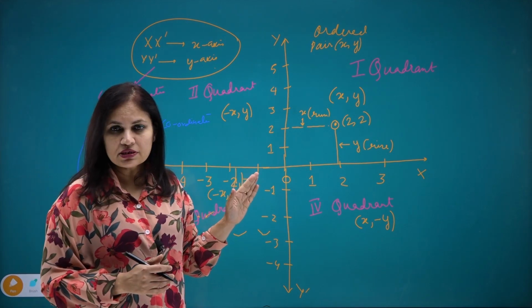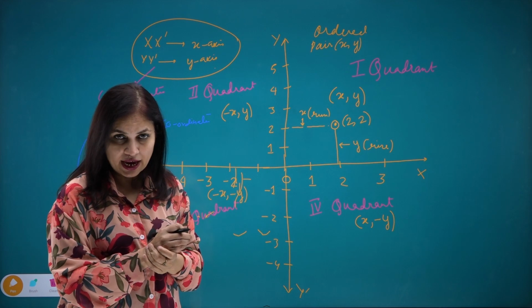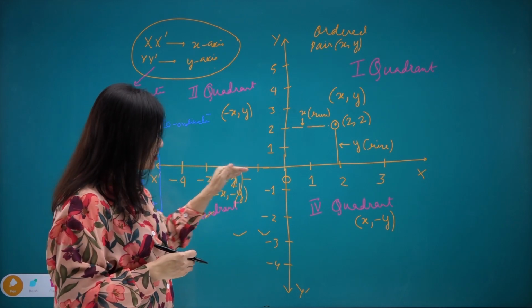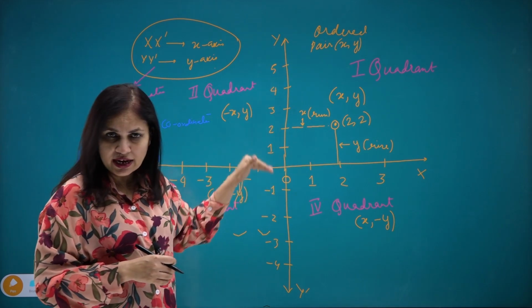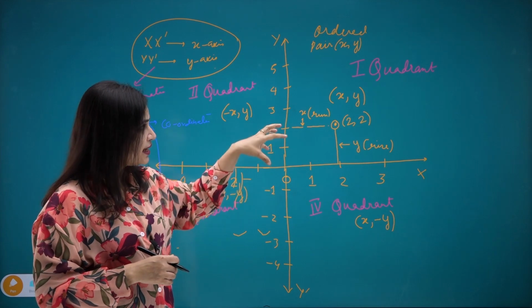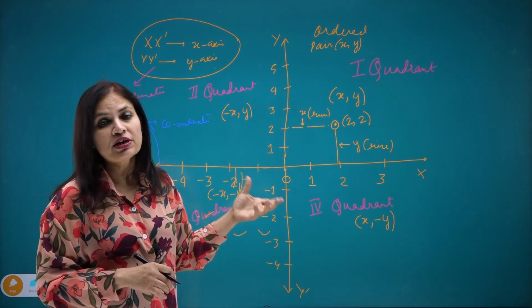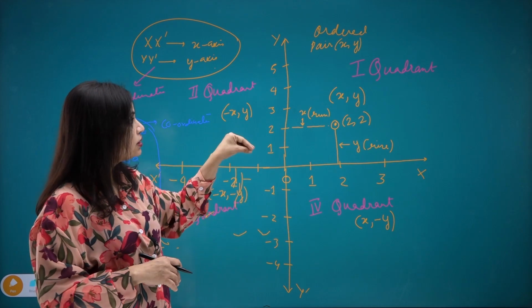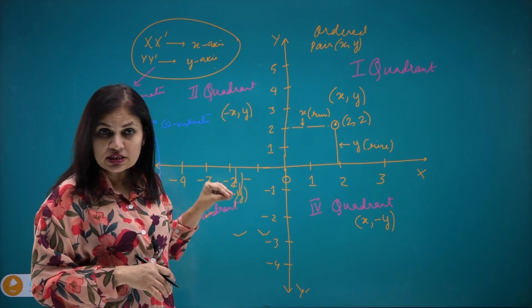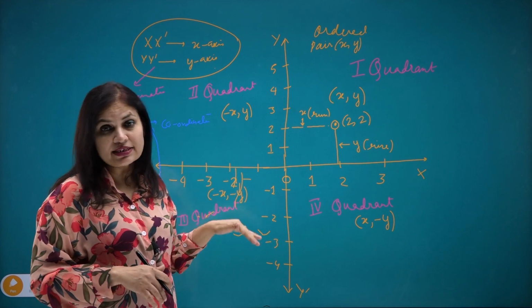Now next comes a point on the axis. It is not necessary that every time I locate a point in the 4 quadrants. Sometimes the points may be located on the axis or on the number lines as well.